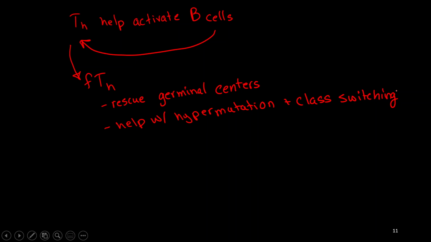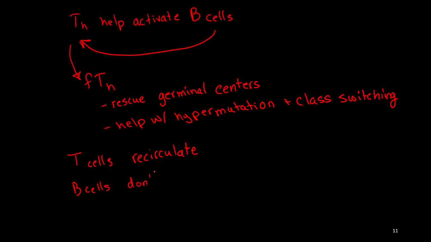Ultimately, if we look at how the T and B cells are going to function or migrate between the lymphoid tissues, the T cells tend to recirculate, whereas the B cells don't. Why would that be?